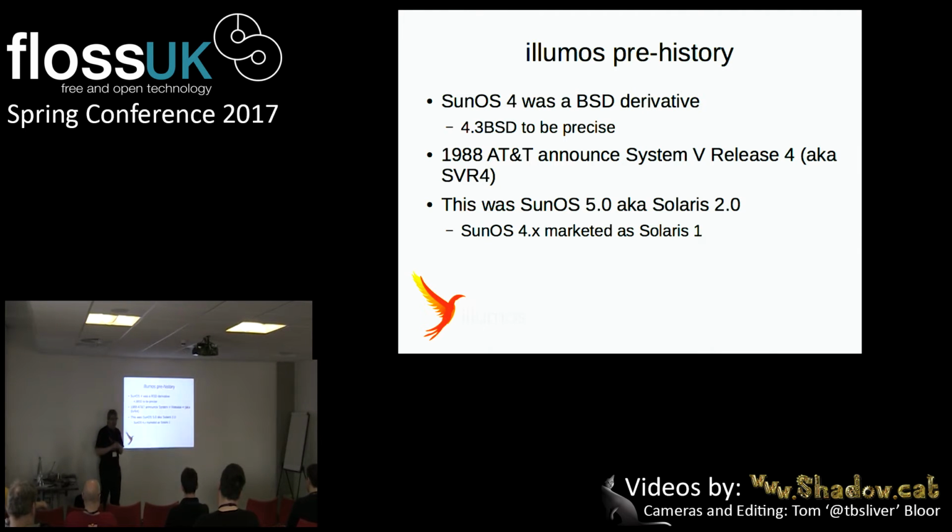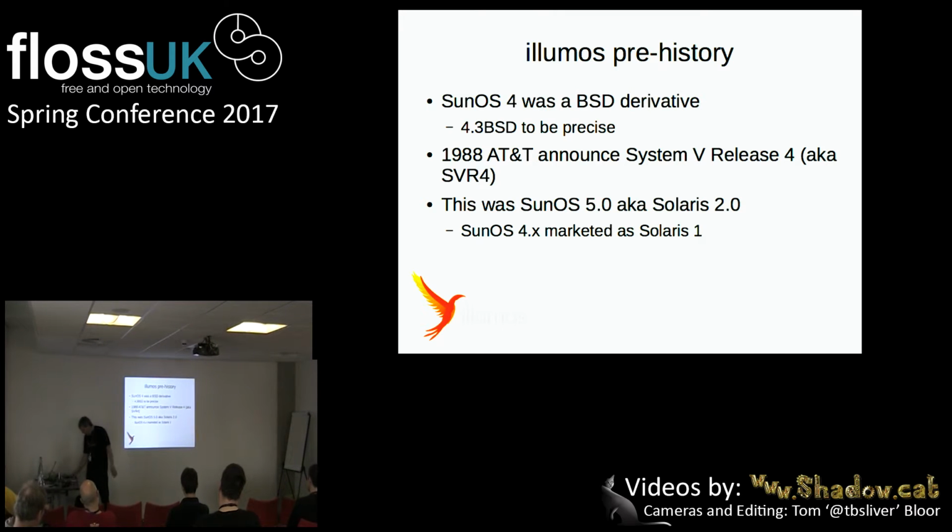And of course, Sun Marketing got hold of this, and they called SunOS 5.0 Solaris 2.0. And then somebody had the really bright idea that we could take SunOS 4 and rebrand it as Solaris 1, and who knows? So why confuse?